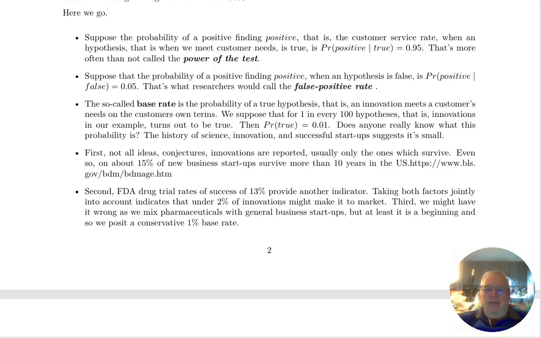And the hypothesis basically is, do we meet the customer's needs, and that's true. The probability of a positive given true is 95%. And we'll call that the power of the test. That's officially got a name. 95% is the power of the test. It's a tough criterion. And suppose the probability of a positive finding when the hypothesis is false is 5%.